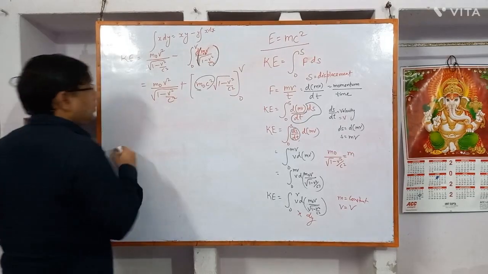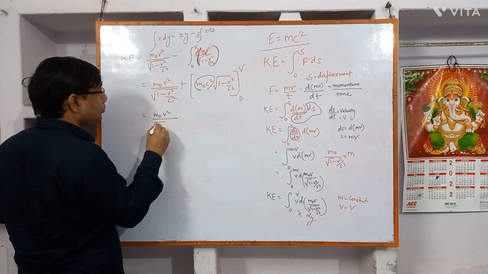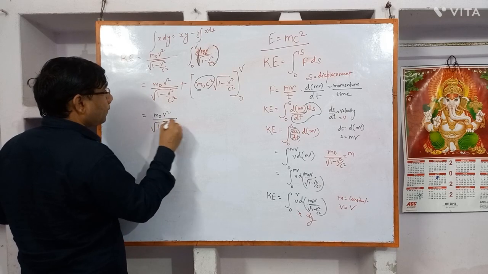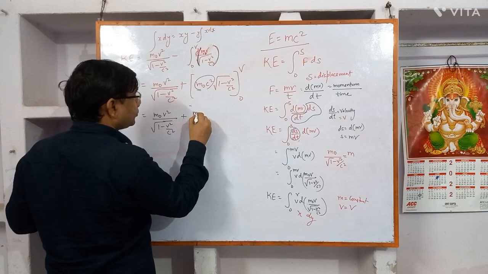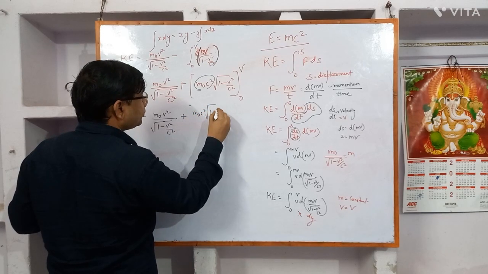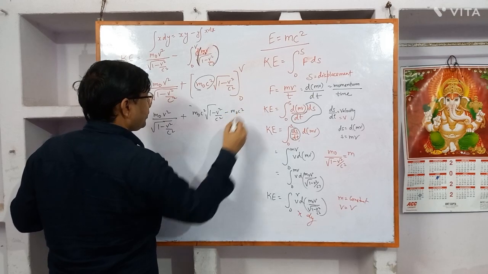Now we put the value, and this value becomes mc square minus m0 c square.